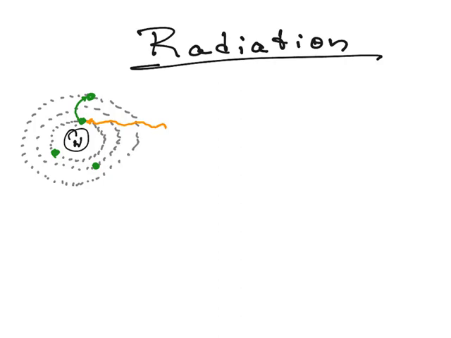If this original energy coming in, I'll call it a photon, a particle of light, a unit of energy, hits this electron, and it's of a certain size, enough to bring this electron to a higher energy level, then this electron will now exist at this higher energy level. It's called an excited state.